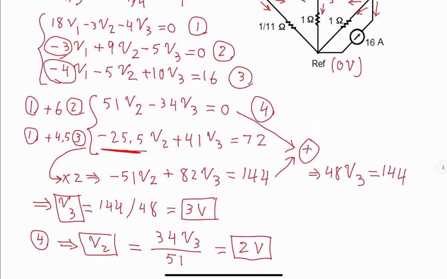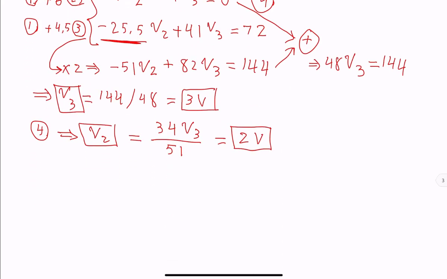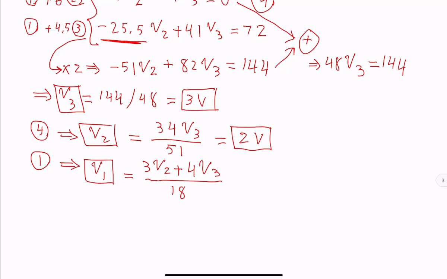Then let's go back to equation 1, which is relating V1 to V2 and V3. Find V1 from equation 1. We have 3V2 plus 4V3 divided by 18. Substitute values of V2 and V3 and we will end up with V1 equal to 1 volt.